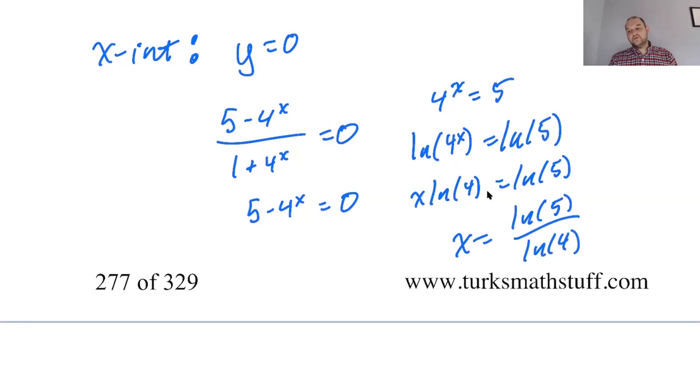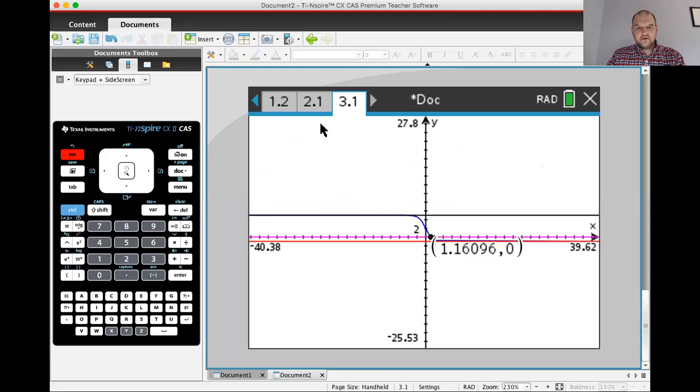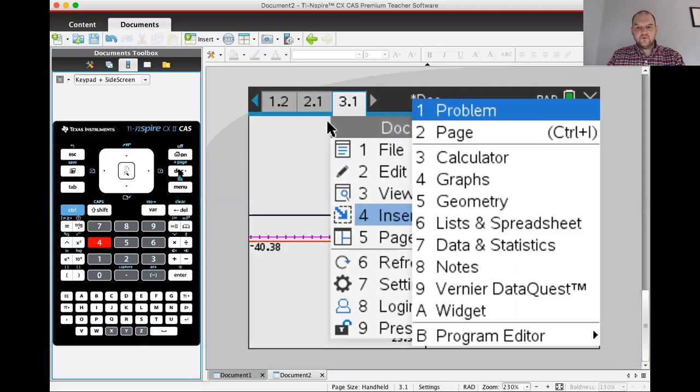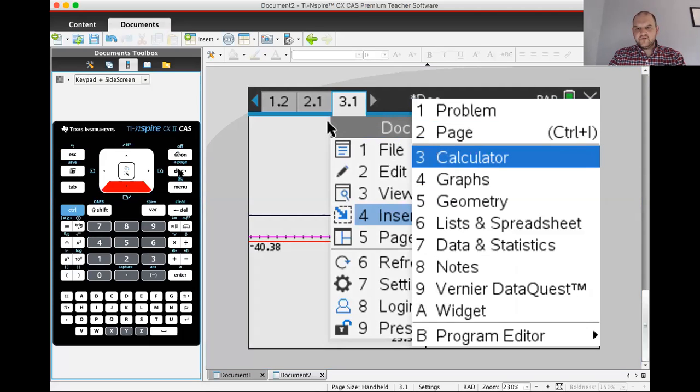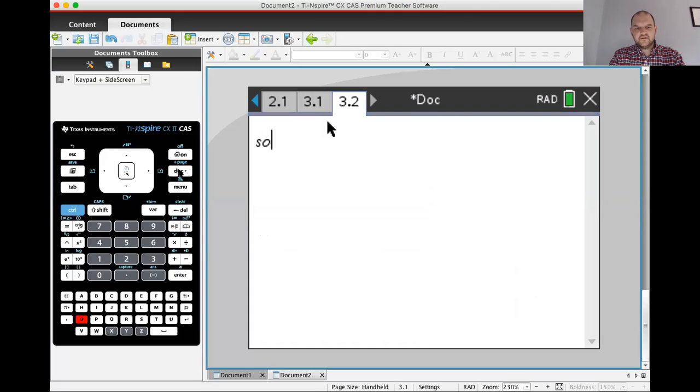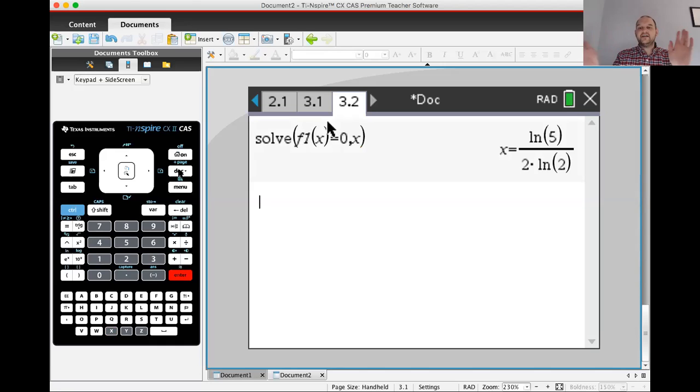All right, so let's go back to the calculator and see if that's actually the same numerically as what we found on the calculator. So here we are. I'm going to go to doc 4, insert a calculator page and just really quickly do a solve: f1 of x equals 0 for x. Let's get the exact value. Okay, so now why does this look different?